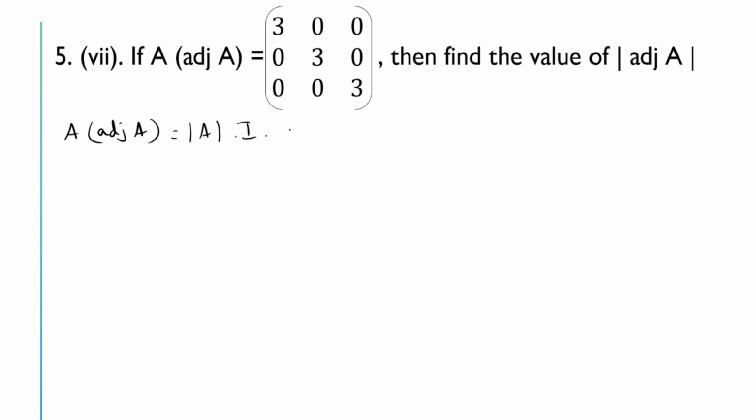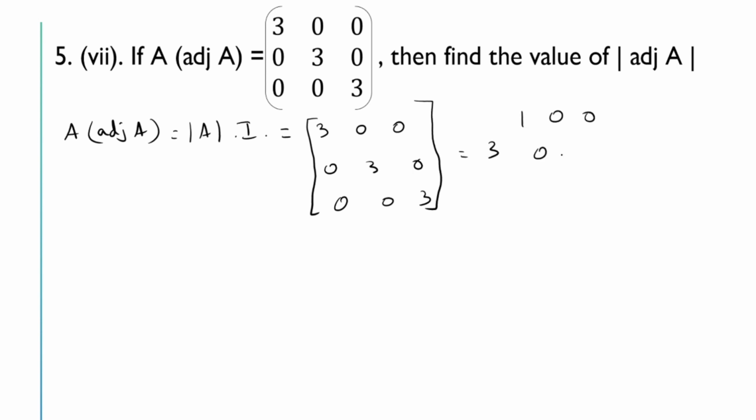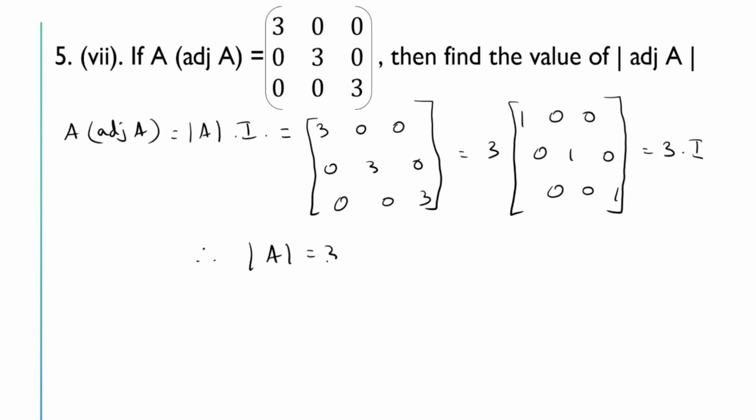From this we can find determinant of A. It is equal to 3 into the matrix 1, 0, 0, 0, 1, 0, 0, 0, 1, or it is equal to 3 into I. Therefore, from this we get determinant of A is equal to 3.